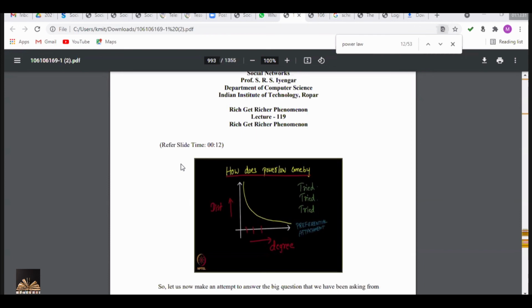The diameter of a graph is the greatest distance between any pair of vertices. You have to calculate the distance between every pair of vertices, and whichever is the greatest distance, that will be the diameter of the graph. But in a complete graph, every node is connected to every other node, so the diameter will be 1 because it is directly connected to the other node.